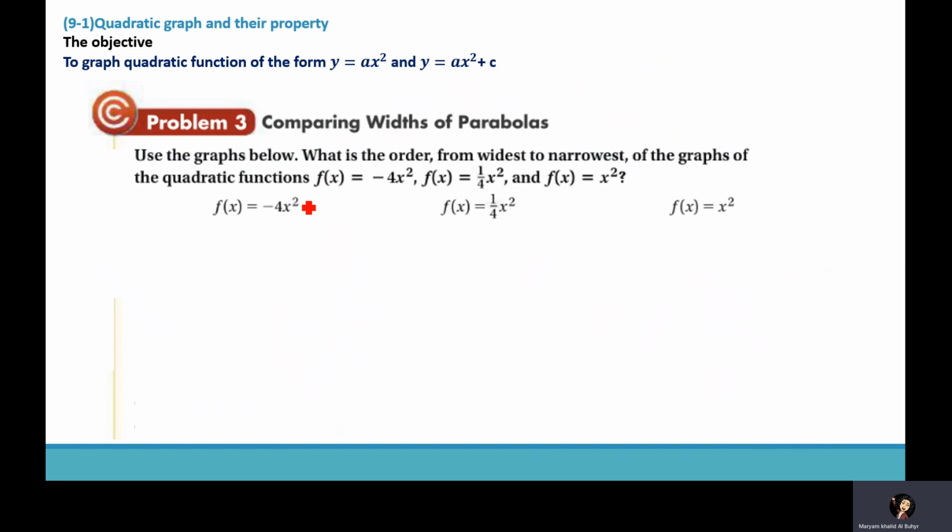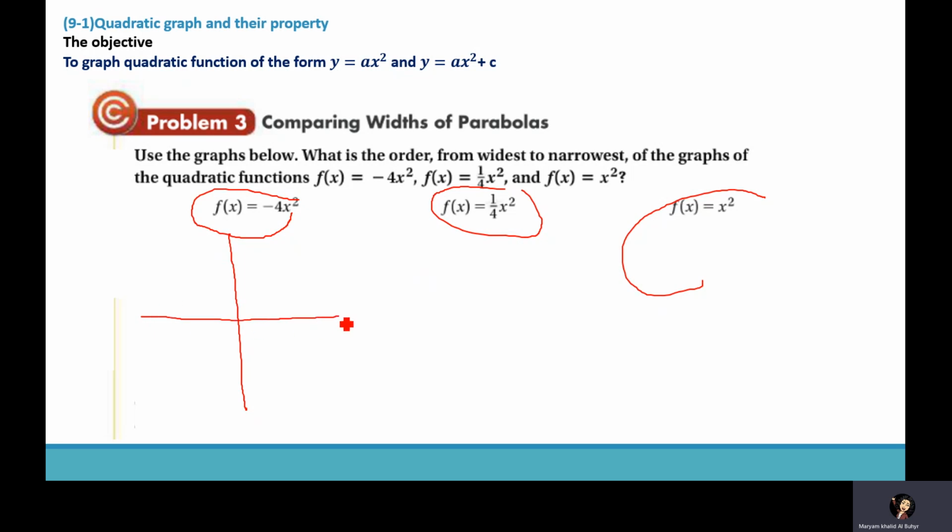So if we have these three functions, we need to graph them. Here in this book, they use the graphing calculator, but we don't need to. We can graph the first one. We directly know that this graph will open down. Once we substitute 0, it's 0.